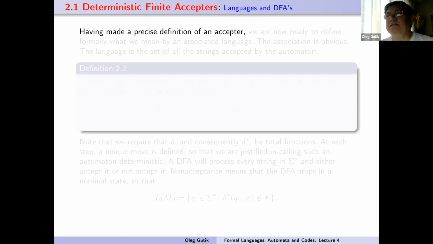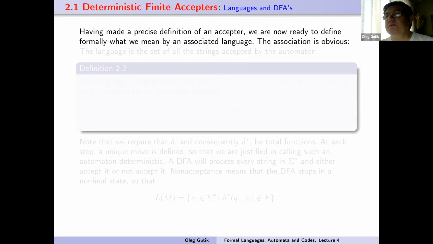Having made a precise definition of an acceptor, we are now ready to define formally what we mean by the associated language. This association is obvious. The language is the set of all strings accepted by the automaton.